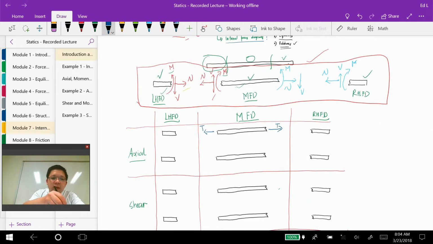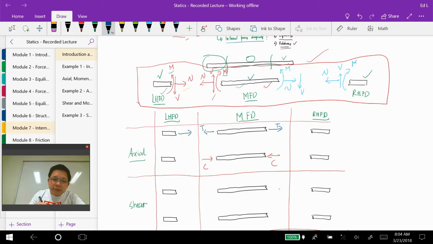If we have a force that is going toward the member, we call that force a compression force. If this member here is a cut of the middle free body diagram, as drawn at the top here, then on the left hand free body diagram, if it is in tension, this force has to go that way.